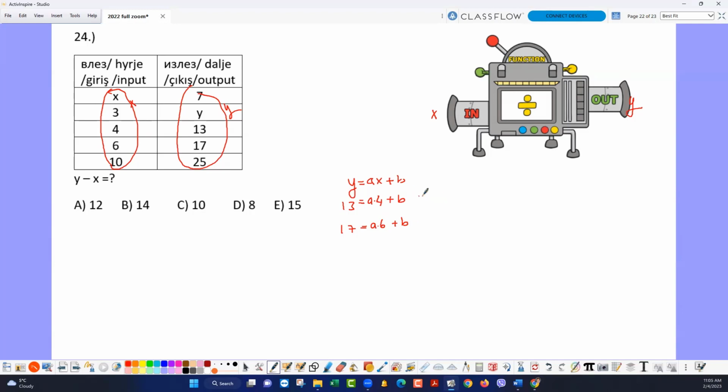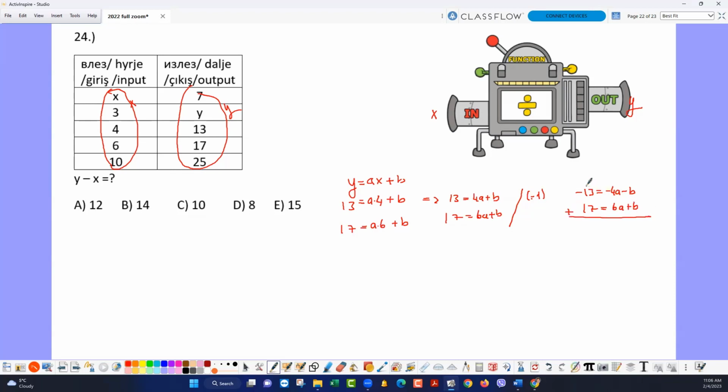So I'm going to get equations here again: 13 is equal to 4a plus b, and 17 is equal to 6a plus b. This is a system of equations, and I'm using the elimination method here, times minus 1. It's going to be minus 13 equals minus 4a minus b, and 17 equals 6a plus b.